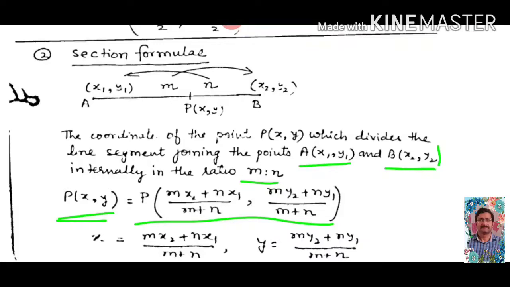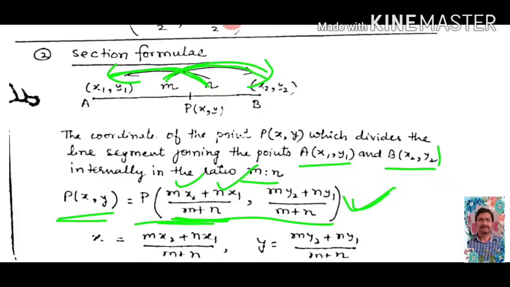So look here, how do we get this formula? First you understand: you multiply this m by x2, so you get m x2, and then you multiply n by x1, so you get n x1. You add them and divide by m plus n. Similarly for y, you multiply m into y2 plus n into y1 upon m plus n.